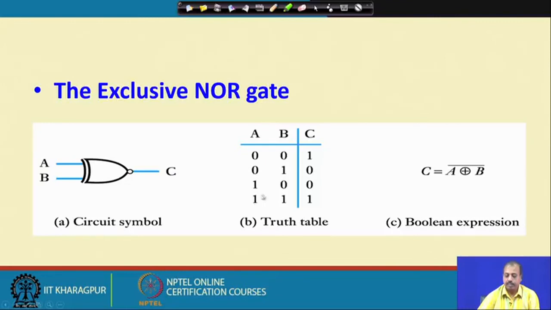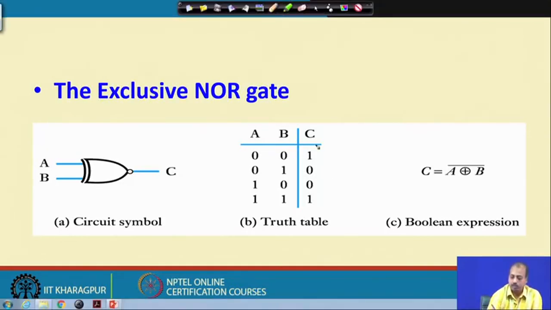This is the difference: in the XNOR gate, when both the inputs are equal to 1, the output is equal to 1, not 0. For the NOR operation, the truth table was like this, where when both the inputs are equal to 1, the output was 0; now it will be 1. Symbolically we represent it as C equal to (A XOR B) whole bar, which is read as A XNOR B.